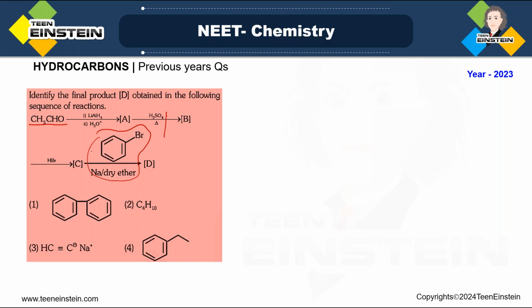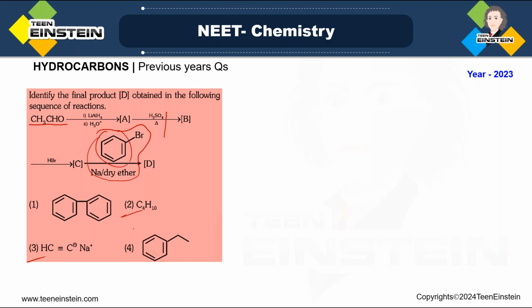Another important point is, as in the final step you are using some benzene-related compound, normally you can expect that in the final product, that is in D, there must be some benzene structure, isn't it? Because this part that we are using in the last step must be present in the final product. Now if it is so, then option 3 and option 2 cannot be correct.